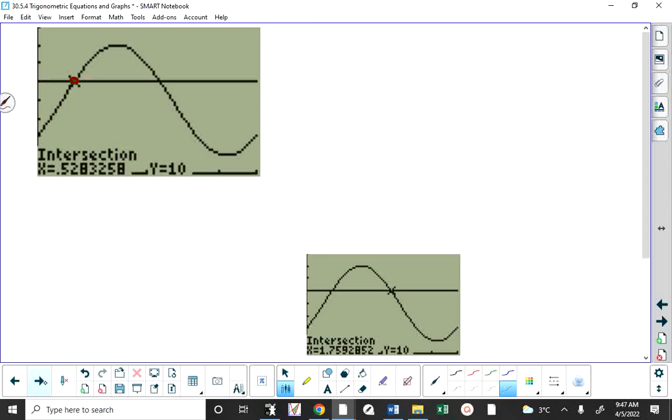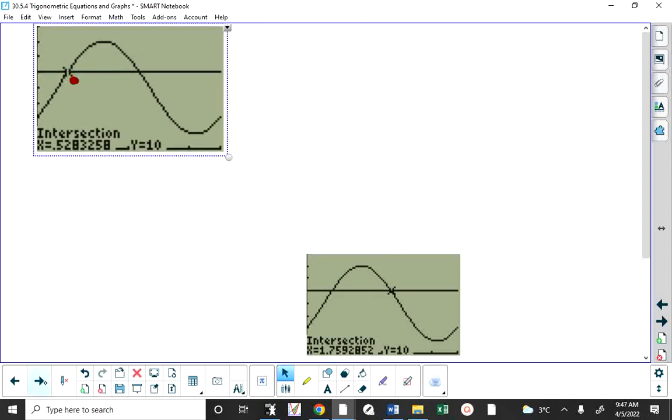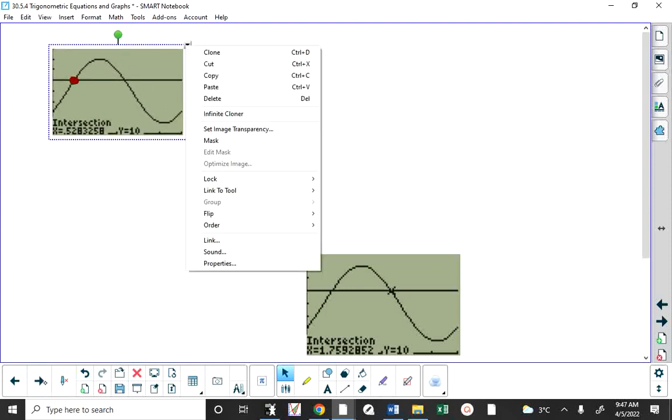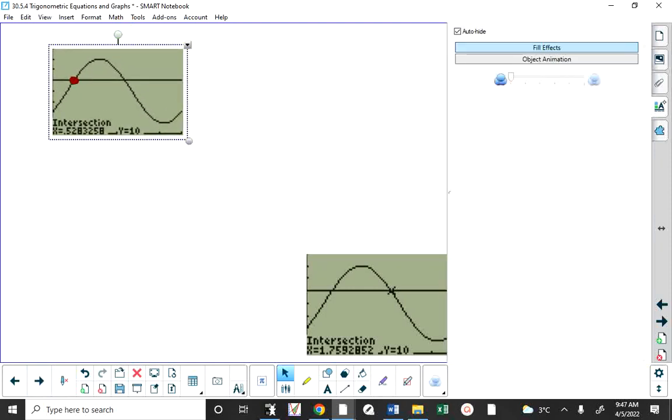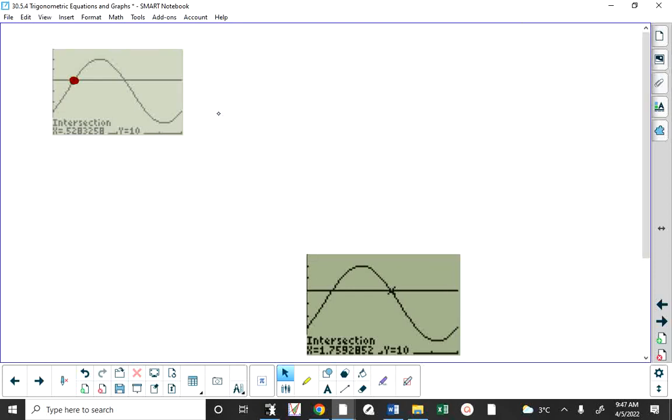But if this graph, everybody, is periodic, then it repeats.